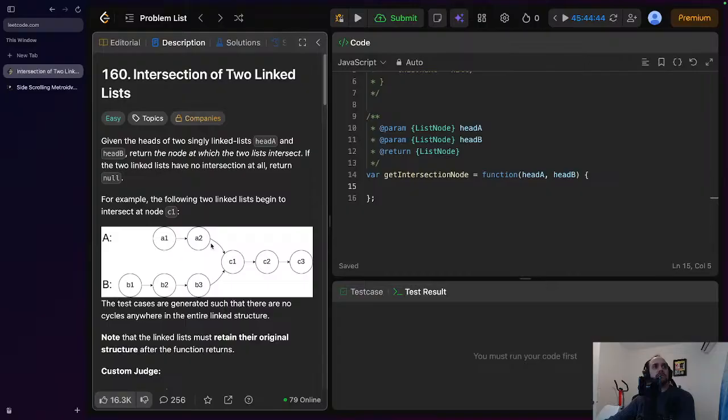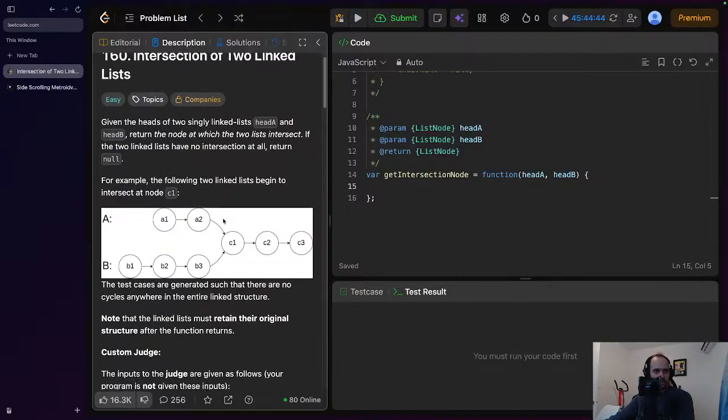Are there any properties of this? There's no cycles.